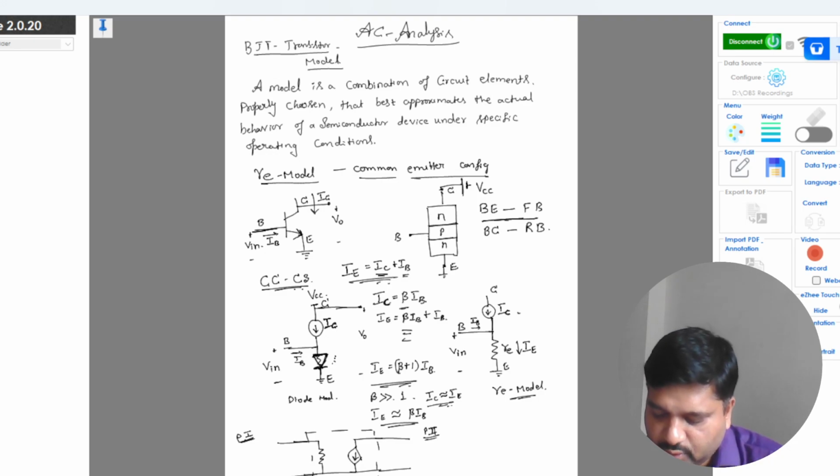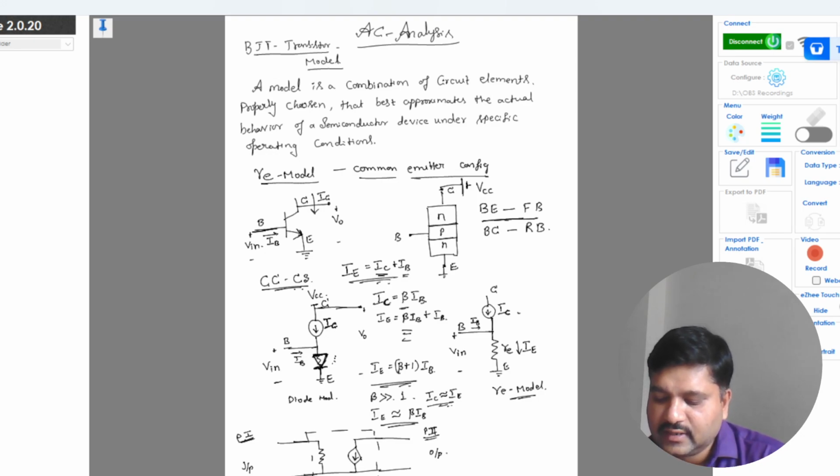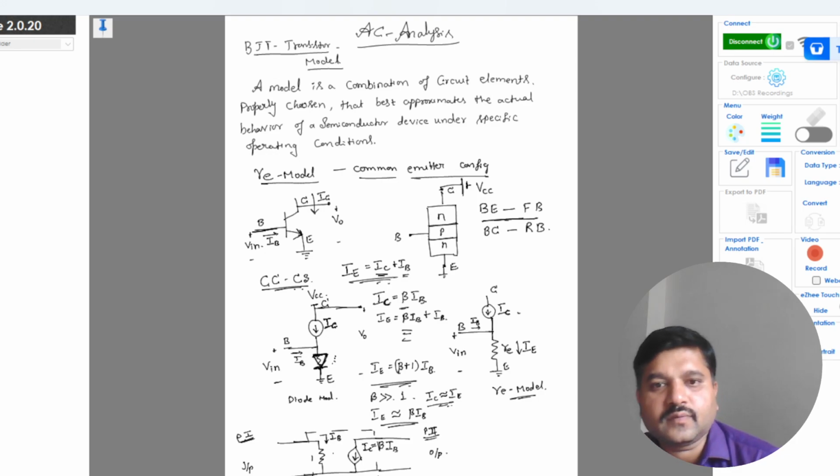This is my equivalent resistance RE, this is my input current IB, and this is my output current IC, which is equal to beta times IB.